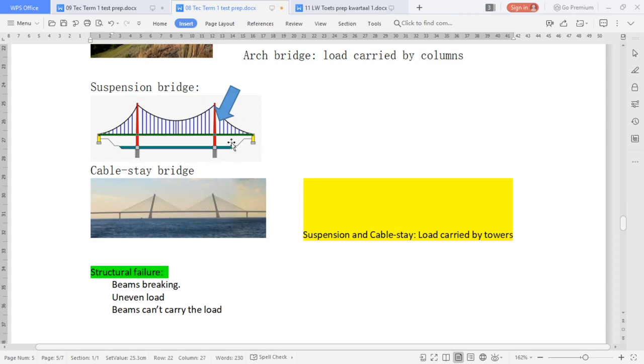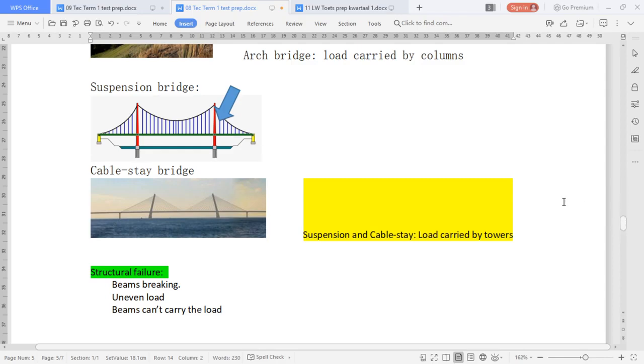Then we've also got if a beam is not strong enough to carry the load. For example, this tower here isn't strong enough and it can't carry the load of the bridge. Then we can also have structural failure.